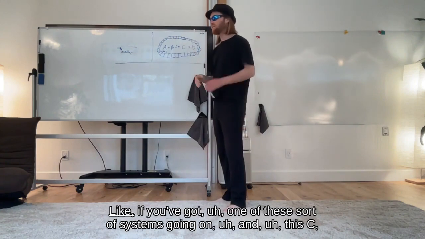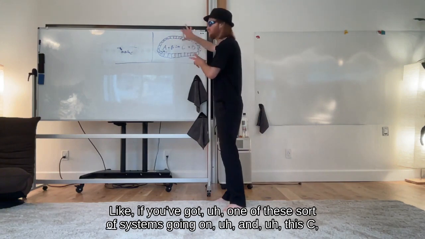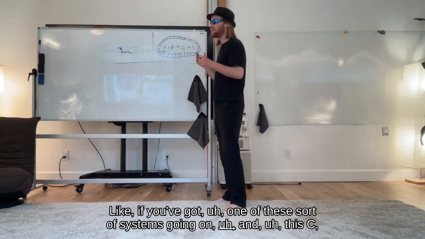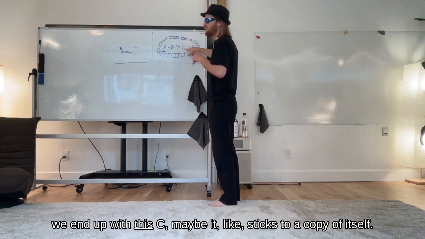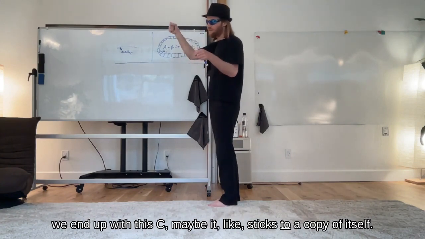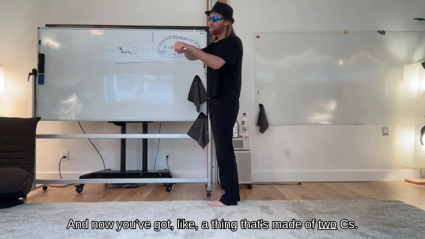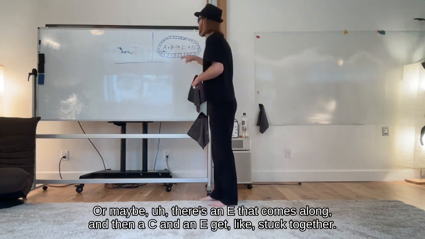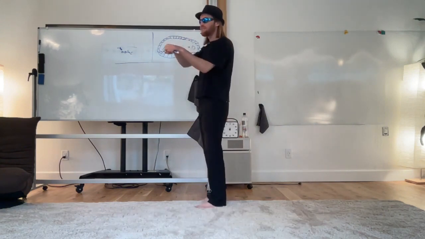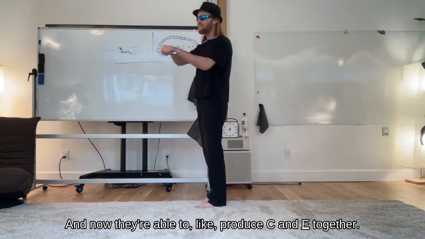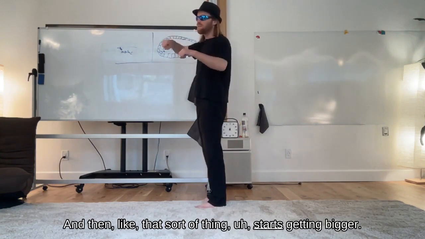If you've got one of these systems going on, and we end up with this C, maybe it sticks to a copy of itself, and now you've got a thing that's made of two C's. Or maybe there's an E that comes along, and then a C and an E get stuck together, and now they're able to produce C and D together, and that sort of thing starts getting bigger.